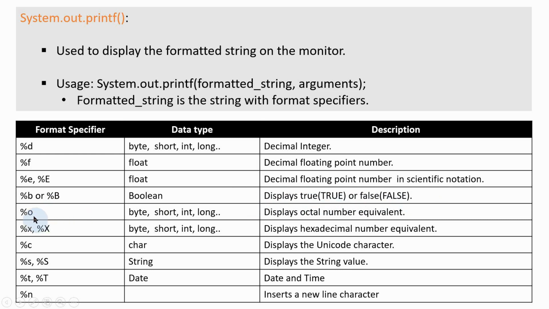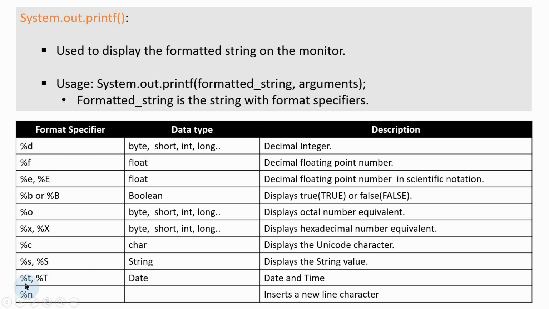And then we have %o to display the number in octal format, and %x is there to display the number in hexadecimal format, and to display a character we have the format specifier %c, and in order to display a string we have the format specifier %s. See, if you want to display the string as it is, then we need to use lowercase s, and if you use uppercase S here, the string will be displayed in uppercase automatically.